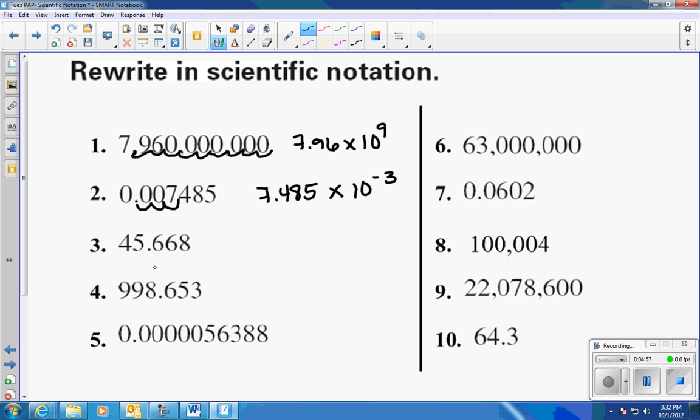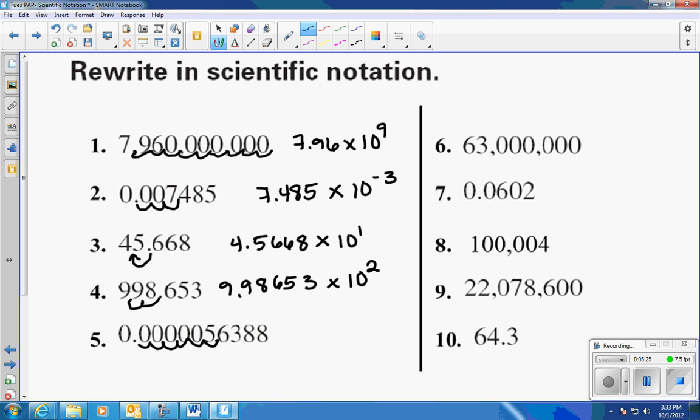This number is not between 1 and 10, so I'm going to move it over once. And my new number is 4.5668, times 10 to the first power. 1, 2, 9.98653 times 10, and I moved it twice. 1, 2, 3, 4, 5, 6.